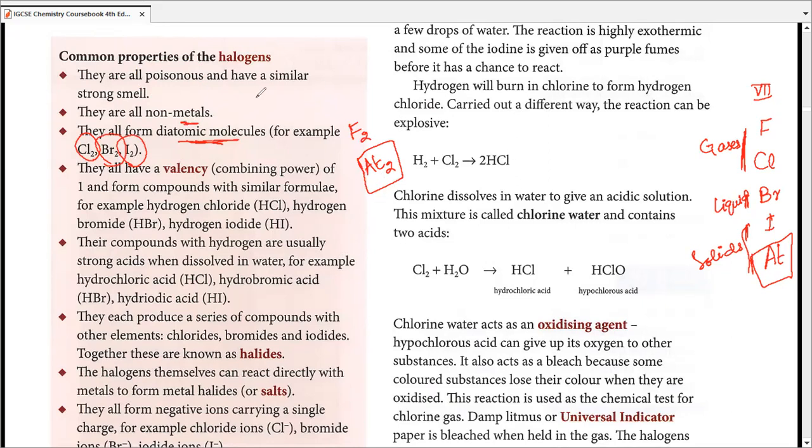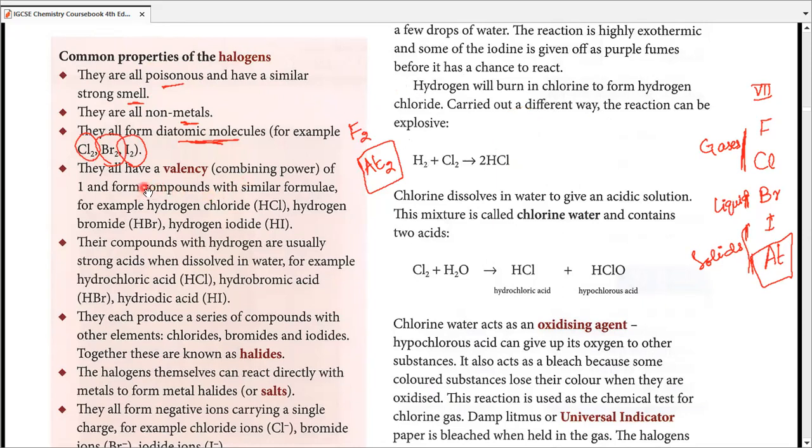If all of them have strong smells, of course, At is also going to have a strong smell. If all of them are poisonous, of course, At is going to be poisonous too. In a similar way, if they exist as molecules made up of two atoms, diatomic molecules, At is, of course, going to exist as At2, not like number 82. Let's not mix it up because I might sound like that.